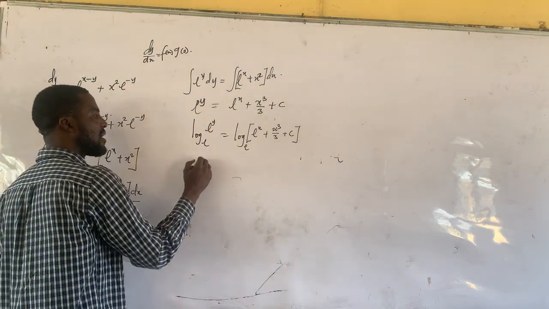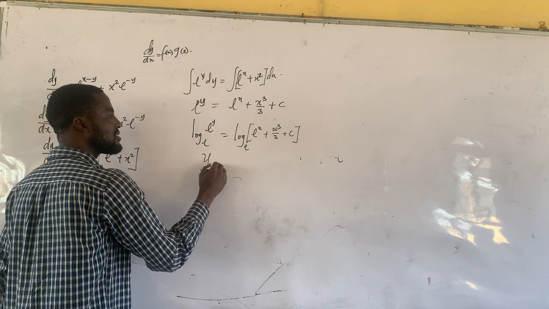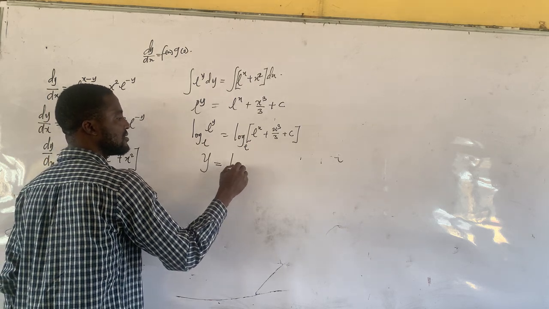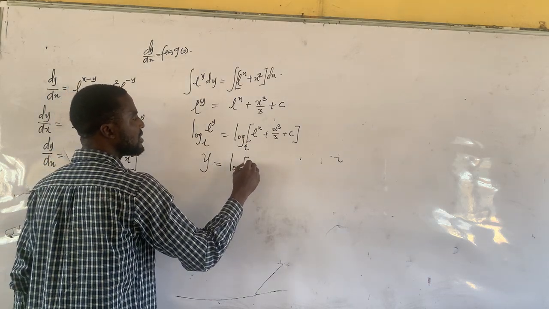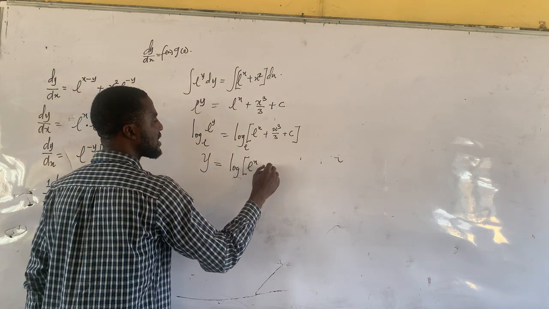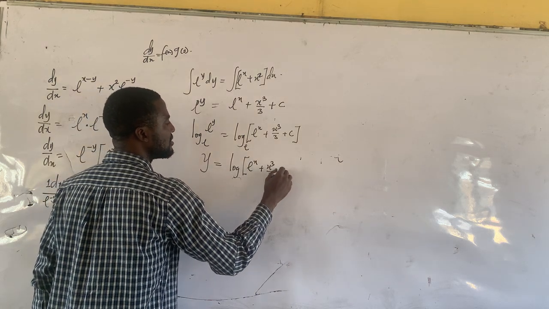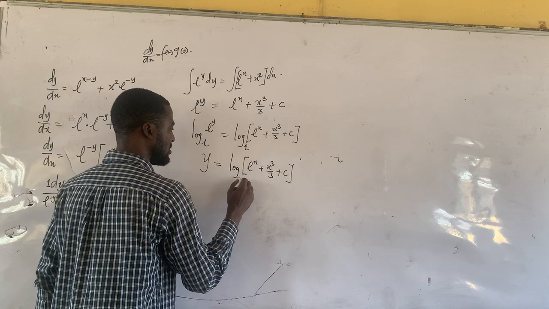And from here you have that y equals log of exponential x plus x cubed over 3 plus c, base e.